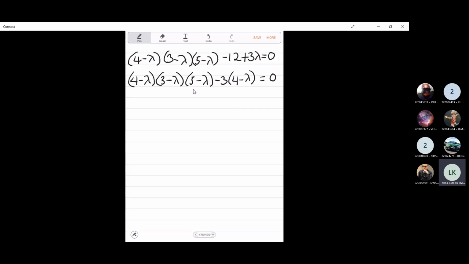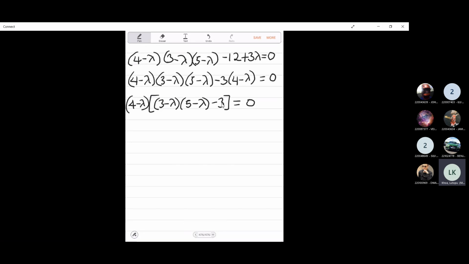So you can see that 4 minus lambda is a common factor, so I can also take that out. So I have 4 minus lambda and 3 minus lambda, 5 minus lambda, minus 3. This is equal to 0.